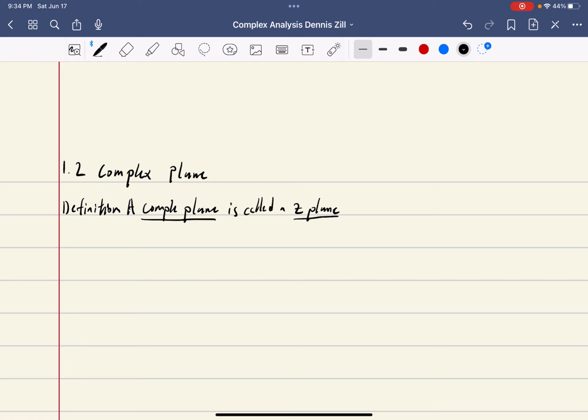And this is the complex plane, right? You have your y-axis, you have your x-axis, and we usually denote the y-axis as the imaginary part of z, and x-axis as the real part of z, right? And we have a point that is (x, y).